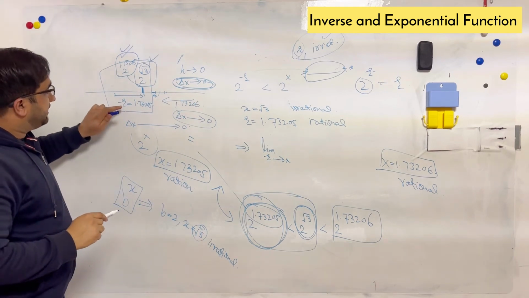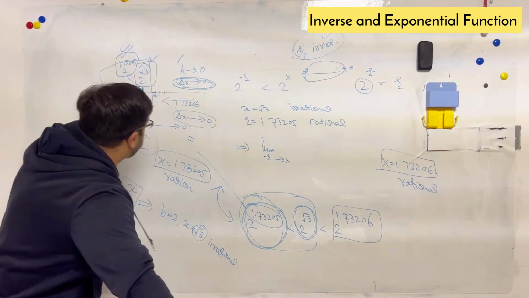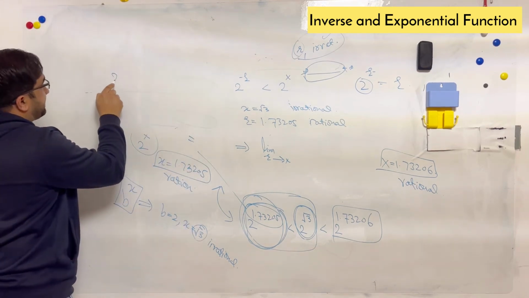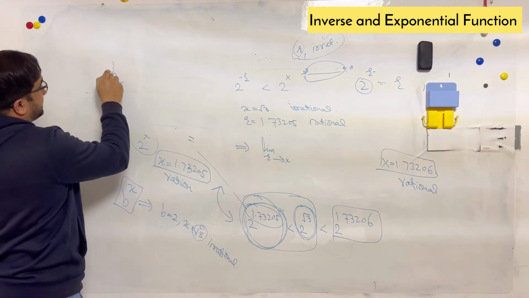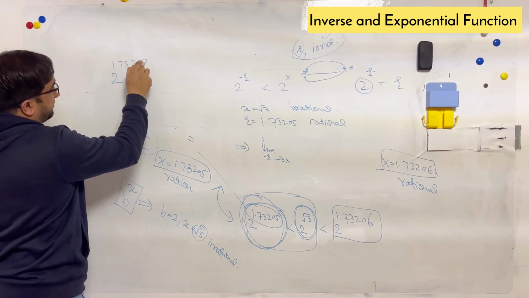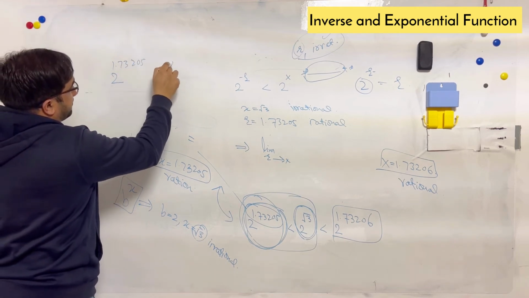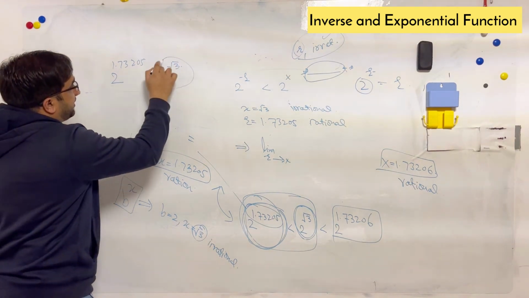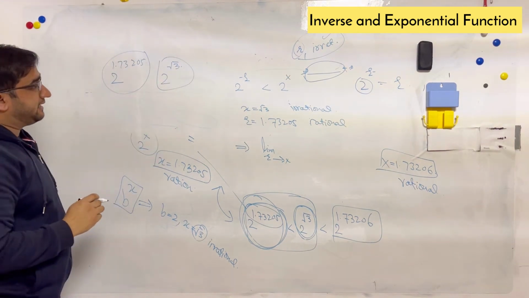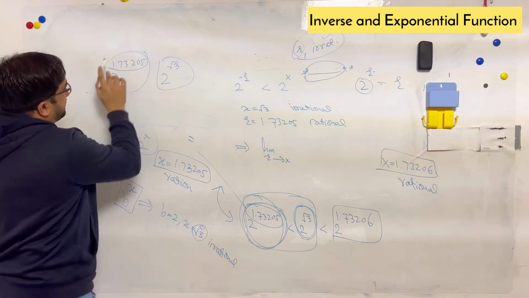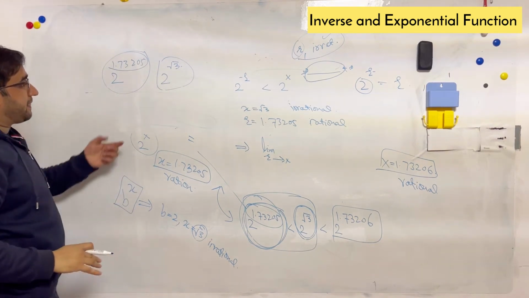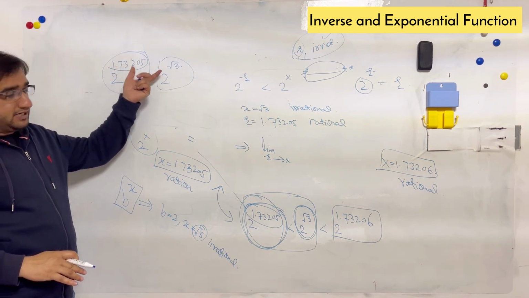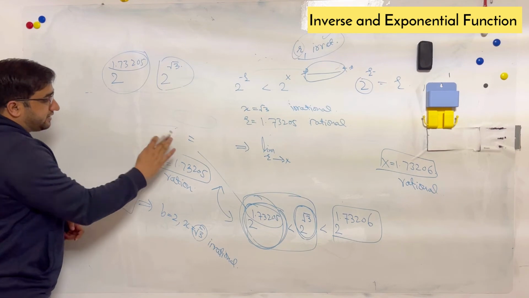If you are saying the difference is 0, then it means 1.73205 and the next number, 2 raised to the power root 3, have no difference on the real line. Because the base is the same, if they have the same power, they can give the same answer.